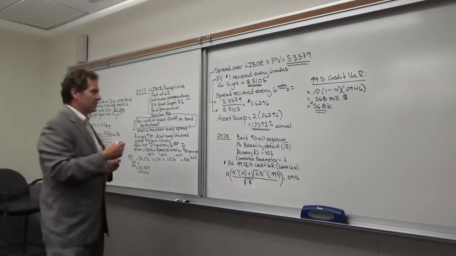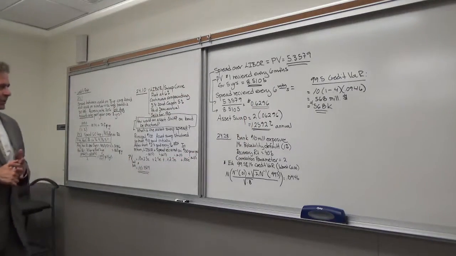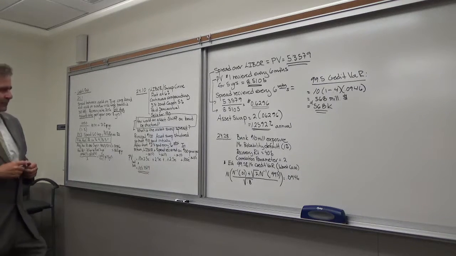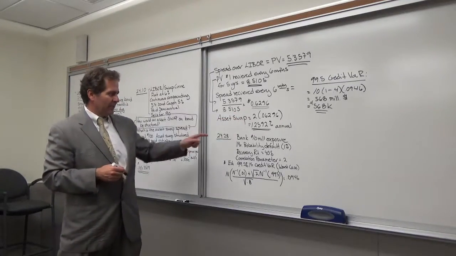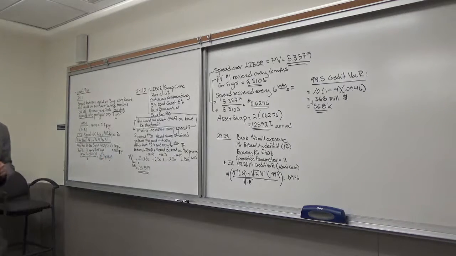That's going to give you 0.6296. And then your asset swap spread is going to be 2 times this, so your annual asset swap spread is going to be 1.2592%.